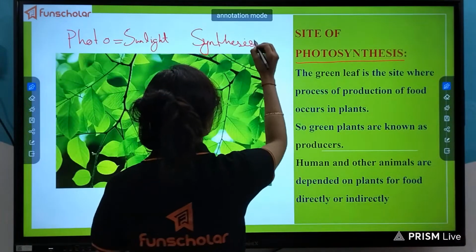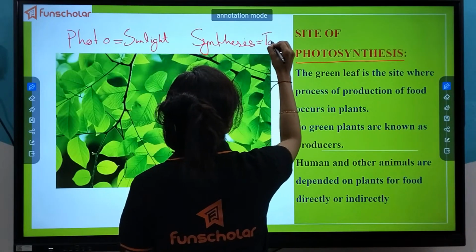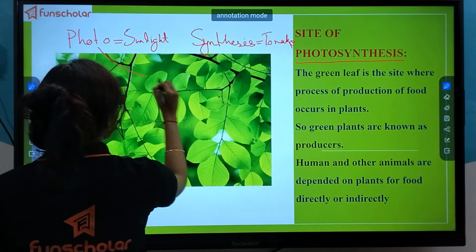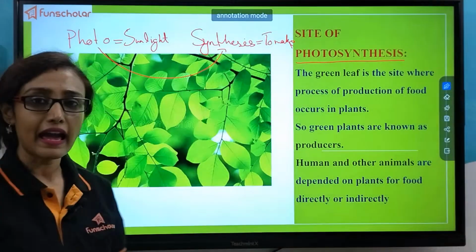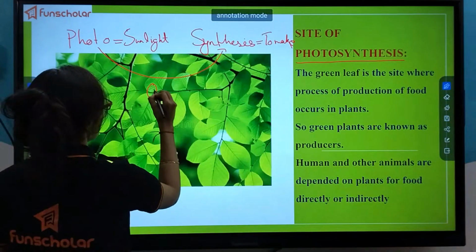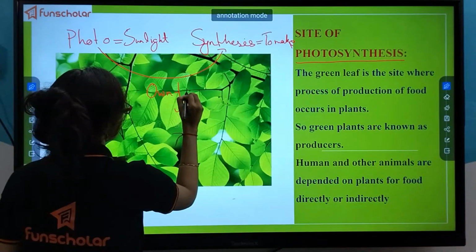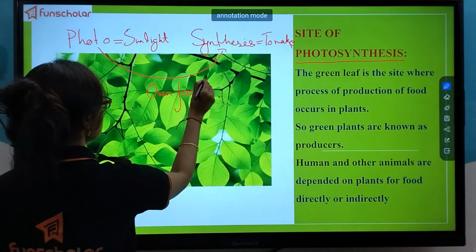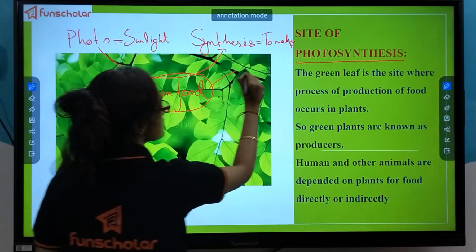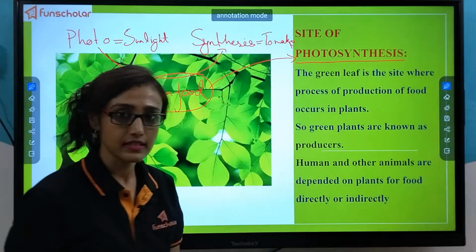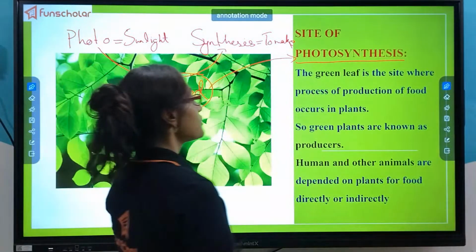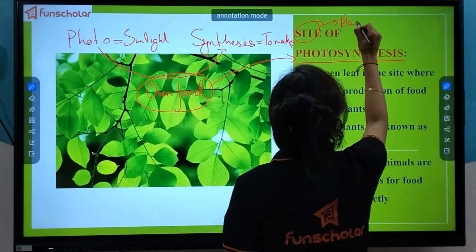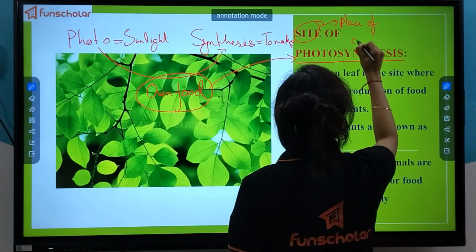And synthesis means to make. So what do the plants make in presence of light? They make their own food. And the process by which they make their own food is known as what? Photosynthesis. Okay. Now site means place. Place of occurrence.